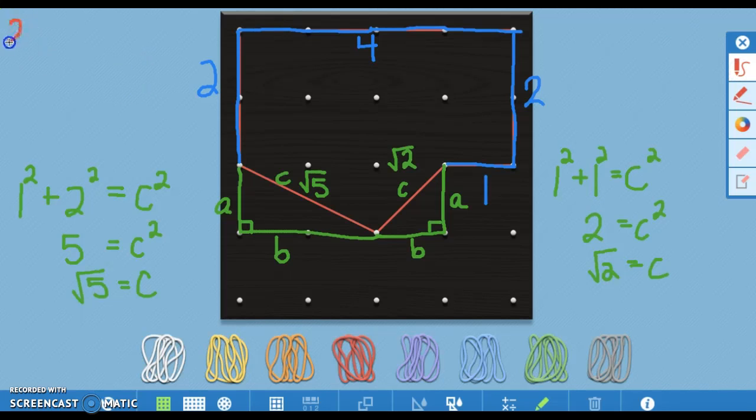To add up all the side lengths, say 2 plus 4 plus 2 plus 1 plus the square root of 2, which when I used my calculator, I estimated that to be about 1 41/100ths, plus the square root of 5, which when I used my calculator, I estimated that to be about 2 24/100ths.